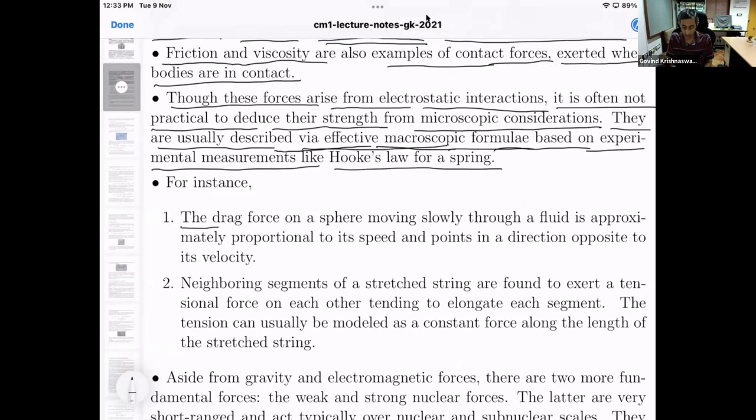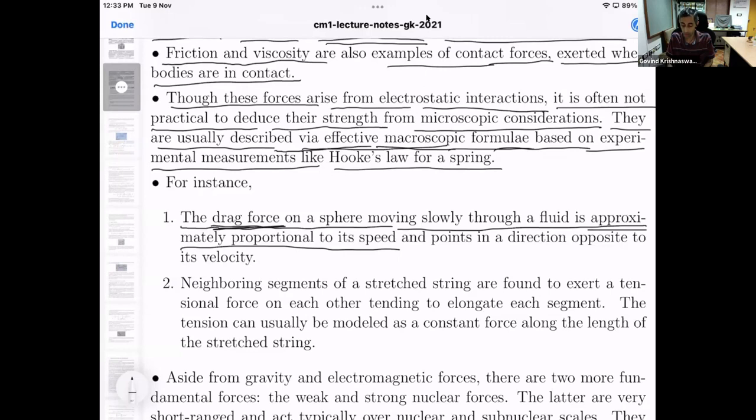One or two I'll mention. So you have the drag force on a sphere moving slowly through a fluid. Okay, so you have the fluid in this room or in a bucket of water, and if you have a ball falling through that, there is the drag force, viscous drag. By experimentation, one finds that this viscous drag is approximately proportional to the speed, that is, bodies traveling faster experience more viscous drag, provided they go relatively slow.